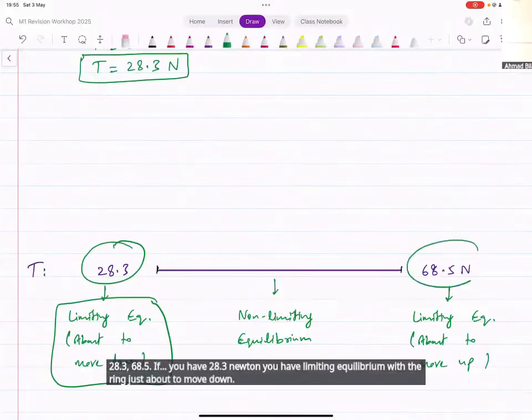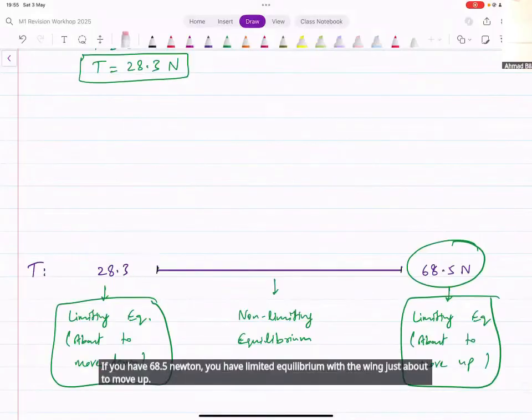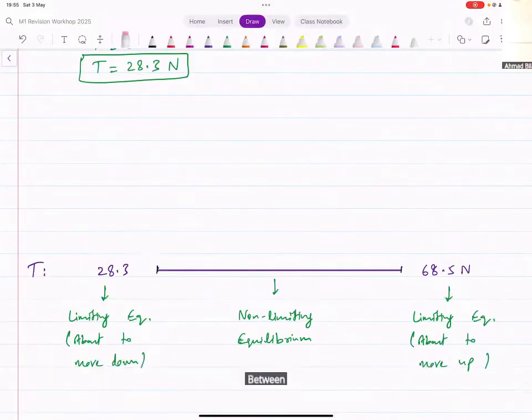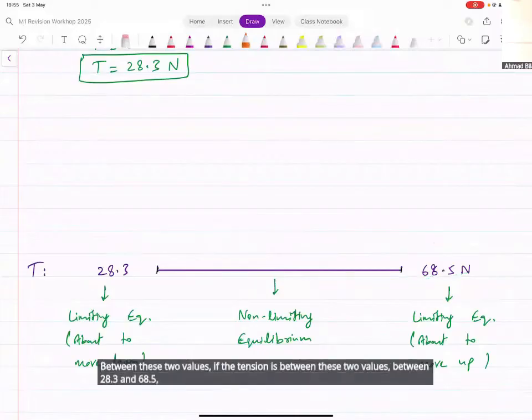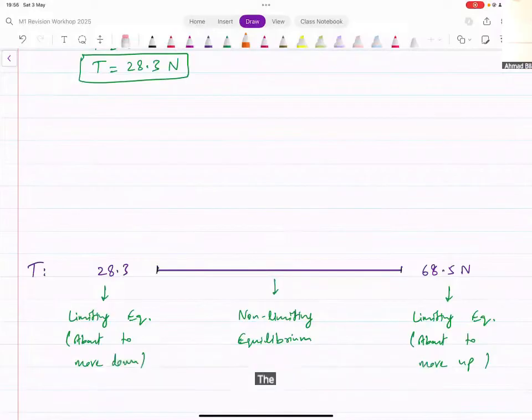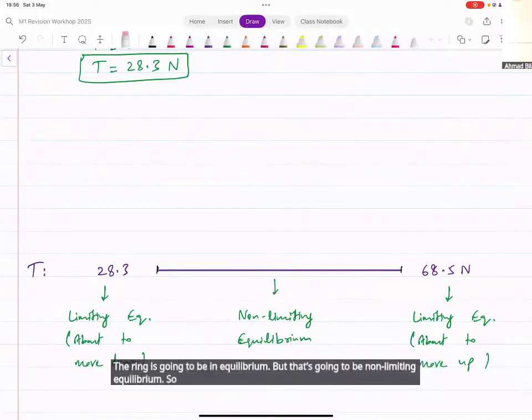If you have 68.5 Newton, you have limiting equilibrium with the ring just about to move up. If the tension is between these two values, between 28.3 and 68.5, in the middle region, the ring is going to be in equilibrium, but that's going to be non-limiting equilibrium. So whenever tension is between these two values, we are in equilibrium.